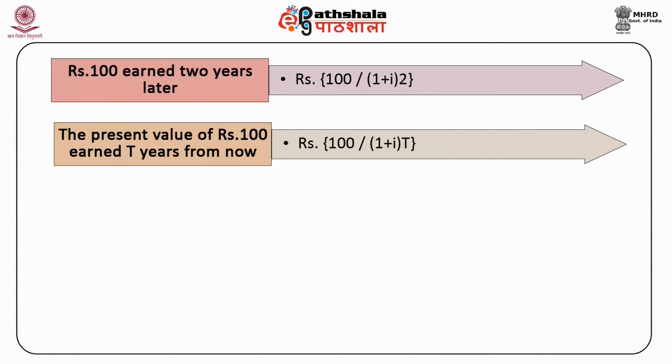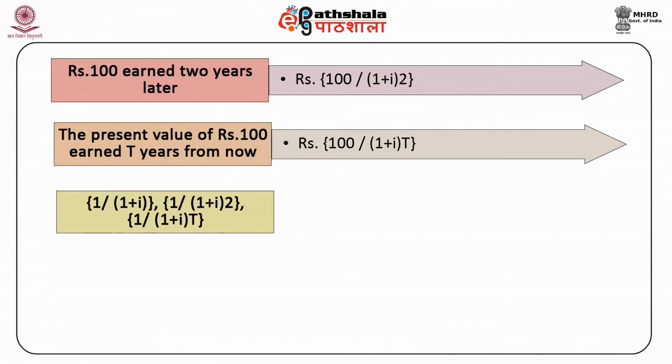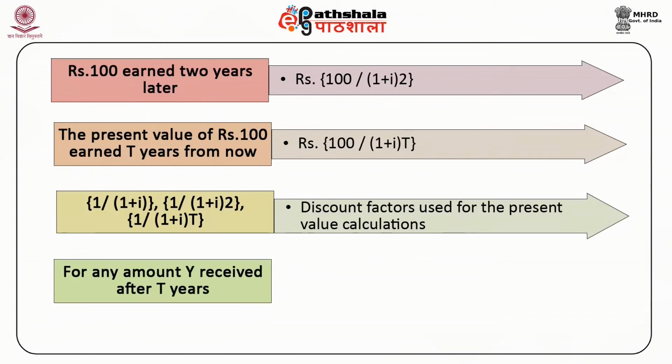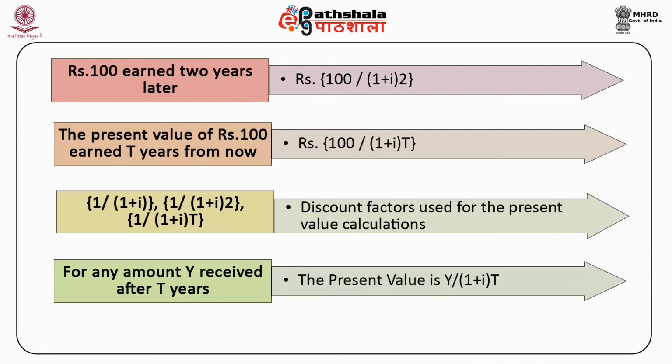Note the terms 1 divided by (1 plus i), 1 divided by (1 plus i) to the power 2, 1 divided by (1 plus i) to the power t are the discount factors used for the present value calculations above. For any amount y received after t years, the present value is y divided by (1 plus i) to the power t.